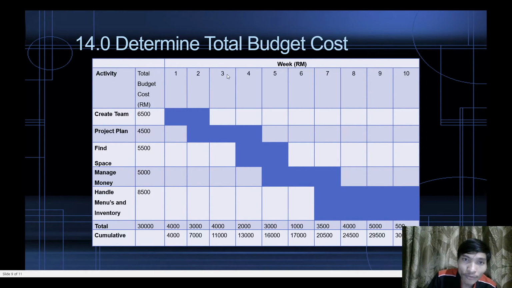Week 2 until week 4 is to complete the project plan, week 4 to week 5 we complete find space, week 5 to week 7 we manage money, and lastly week 7 to week 10 handles menu and inventory. The total cost of the project is 30,000.